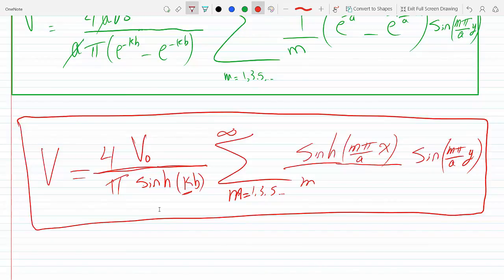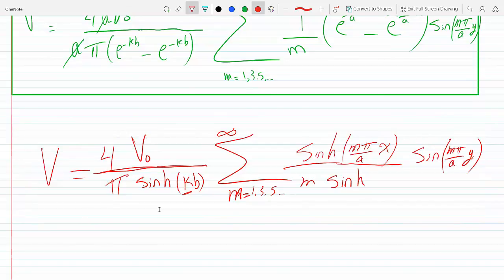So let me rewrite this term here. So this is sine hyperbolic K turned out to be m pi over A. It had an m, that's why we had to write it here, not outside, because it's depending on the summation as m goes over all the odd numbers. So sine hyperbolic m pi over a b.